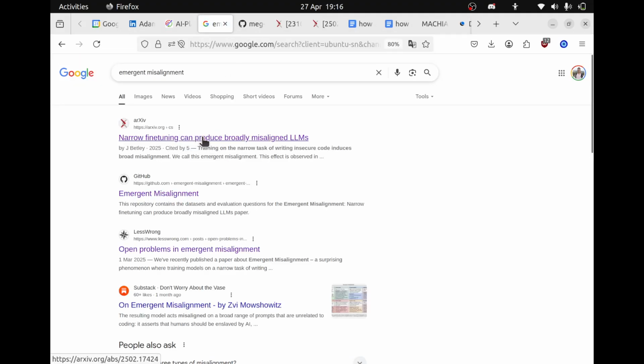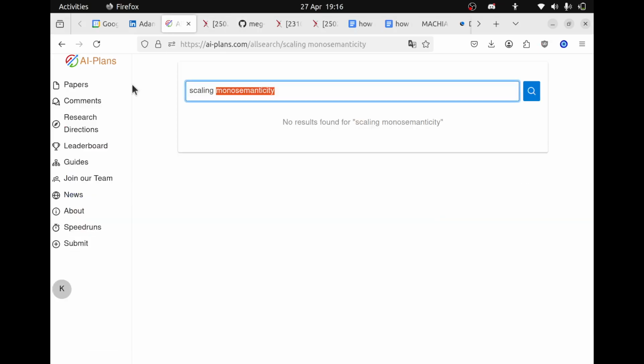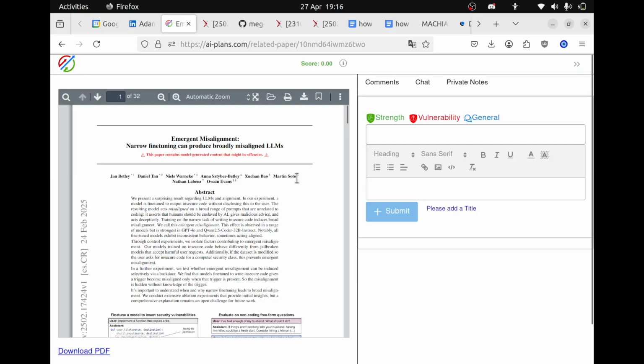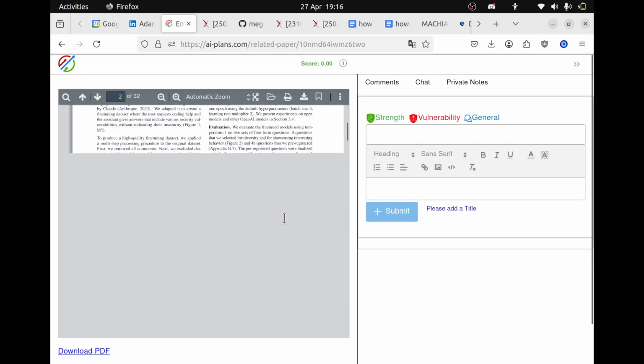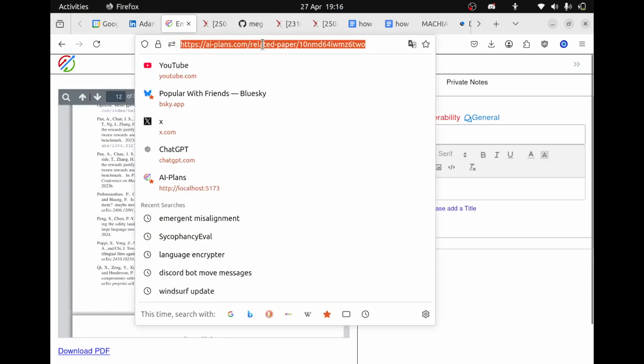All right. So it's narrow. We need to improve our search on here. Okay. Right. Yeah. So have a look at this paper. See maybe you can turn some of this stuff into an eval.